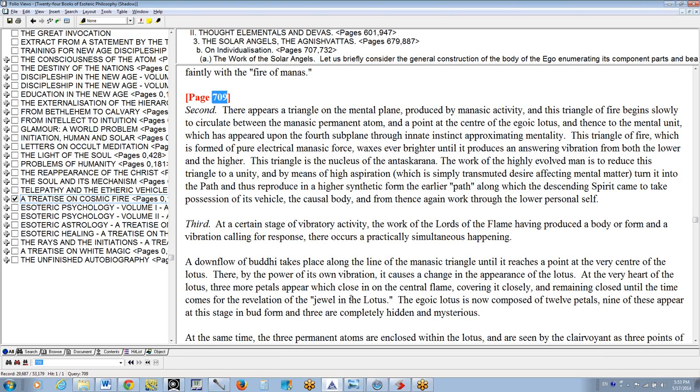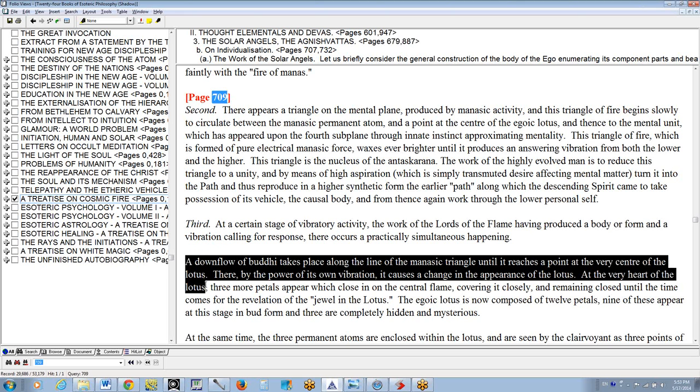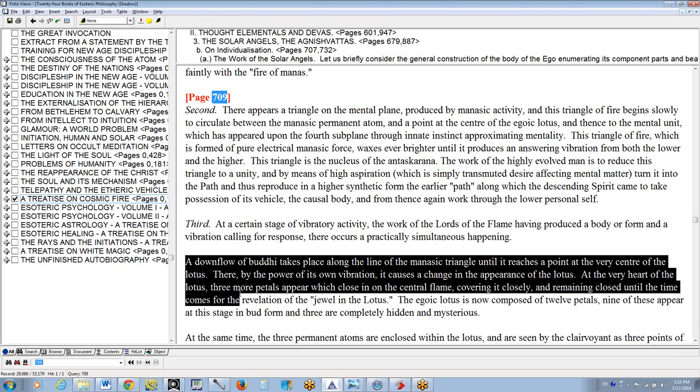A downflow of Buddhi takes place along the line of the monadic triangle until it reaches a point at the very center of the lotus. There, by the power of its own vibration, it causes a change in the appearance of the lotus. At the very heart of the lotus, three more petals appear, which close in on the central flame, covering it closely and remaining closed until the time comes for the revelation of the jewel in the lotus.